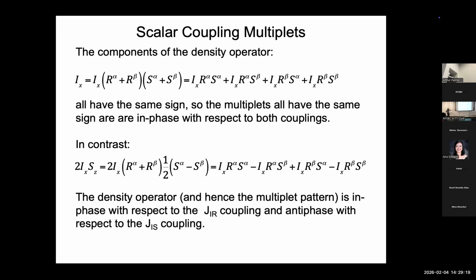Looking at this operator, we would say that this IX operator is in phase with respect to the R coupling and antiphase with respect to the S coupling, and so on and so forth. This operator is in phase with respect to both the R coupling and the S coupling.